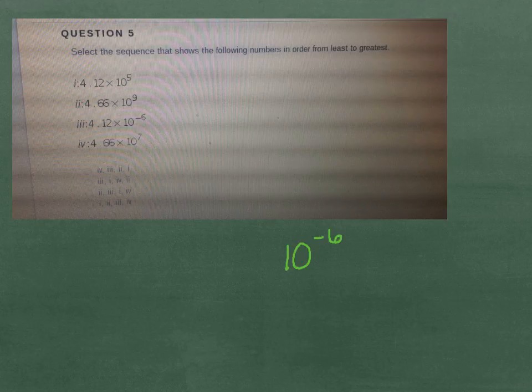So the one with the negative exponent is first, and then the one with the smallest positive power is second, and then it goes up from there, third and fourth. What answer choice has it like this? The second one. So that is your answer.